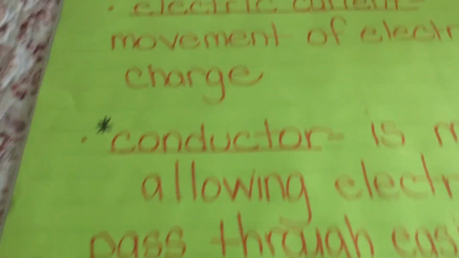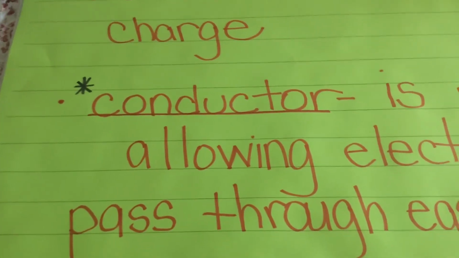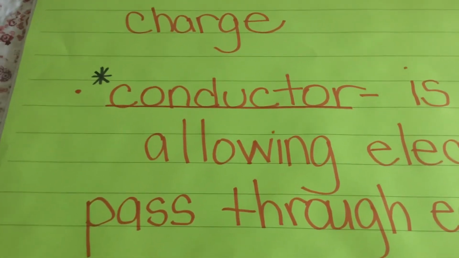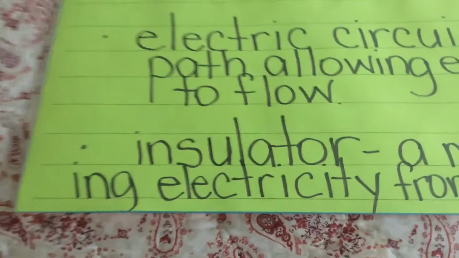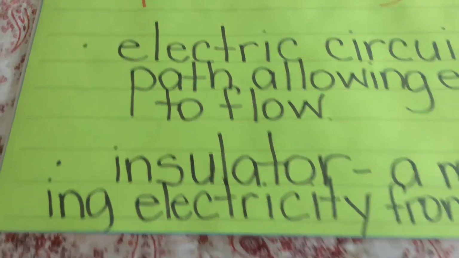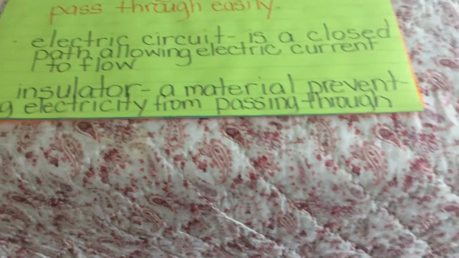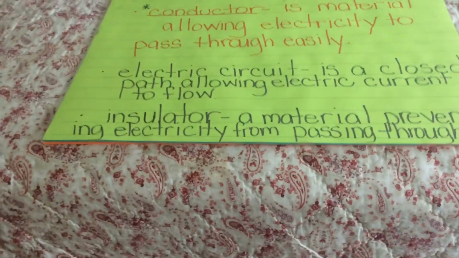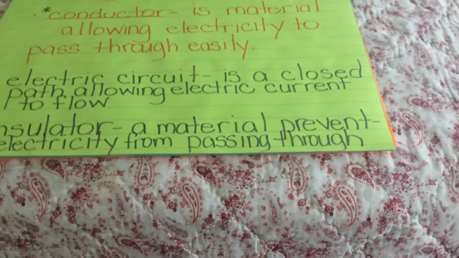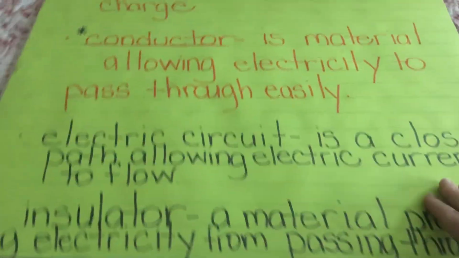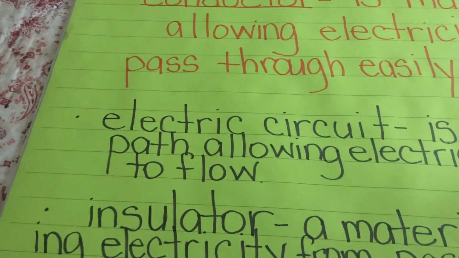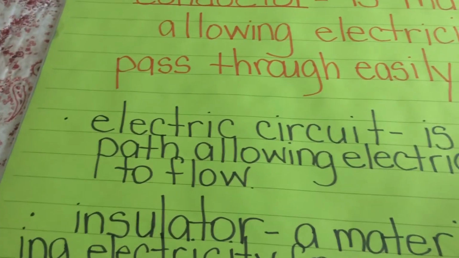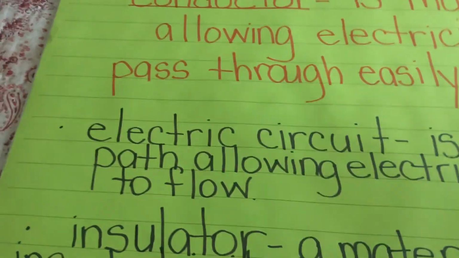Well, they don't want to wear something that's going to conduct electricity. Obviously not. They have to stay safe for their well-being, so they want to wear something that's an insulator. Well, what is an insulator? A material that prevents electricity from passing through very easily. I've got that easily on the other page so we can add to it.